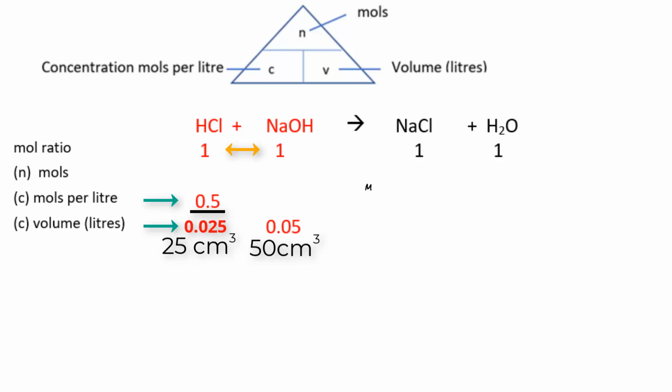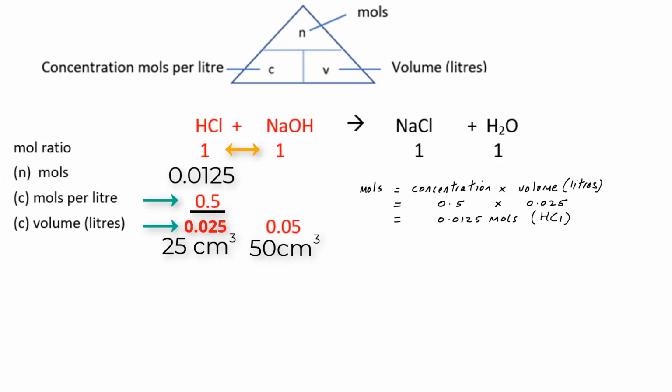The triangle says moles equals concentration times volume in litres. That is 0.5 times 0.025, making 0.0125 moles of HCl. We add this underneath HCl and beside N for moles.